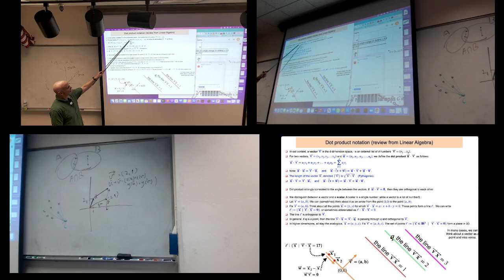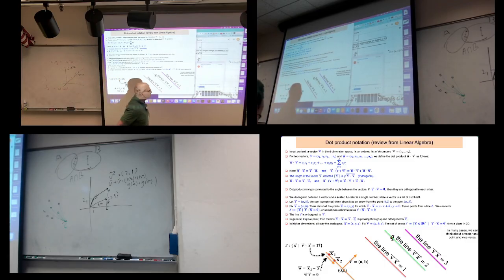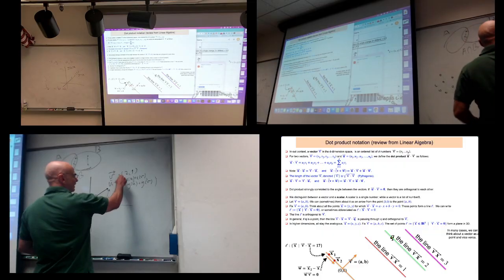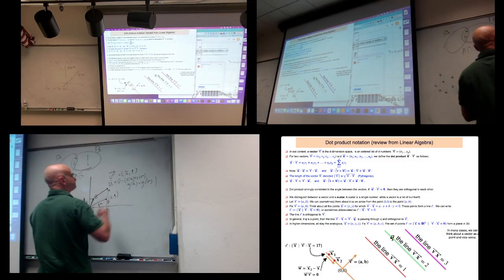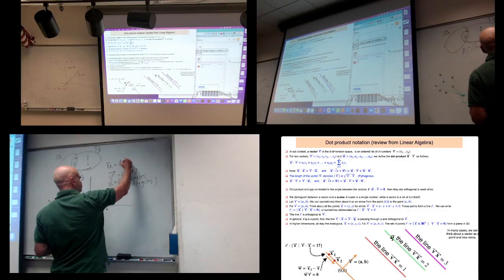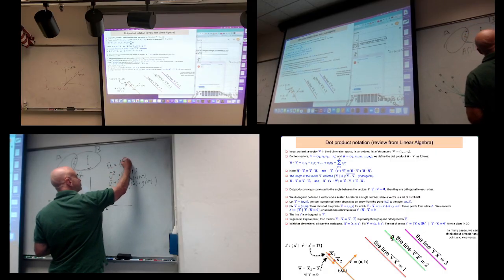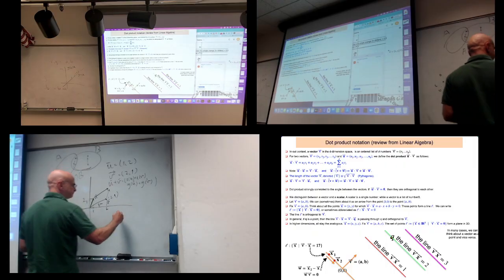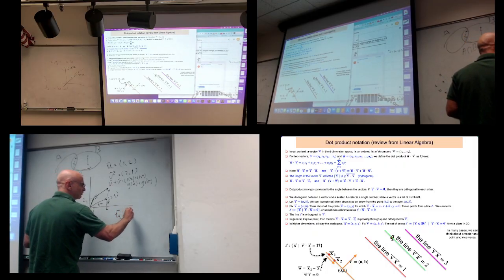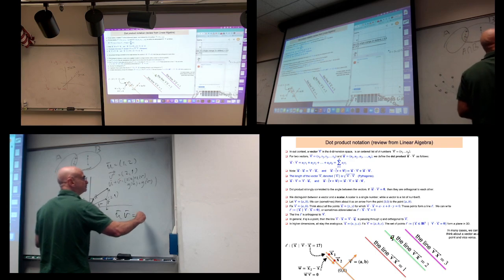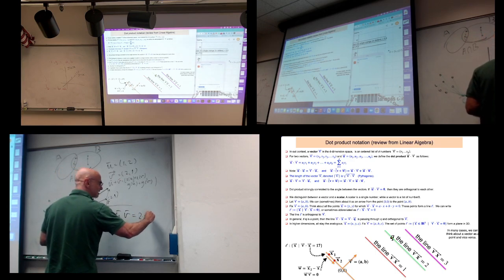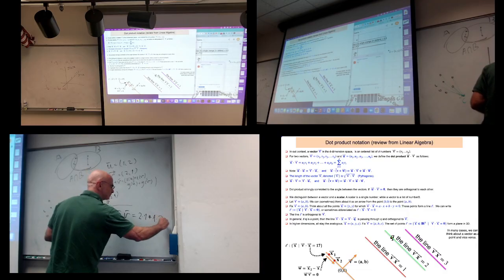That is just the sum from i equals 1 up to the dimension that you are working in. In 2 dimensions, it will be 2 numbers for each one, ui times vi. Right? So if I have v, which is 2, 1, and u, which was 1, 2, then u dot v equals 2 times 1 plus 1 times 2.